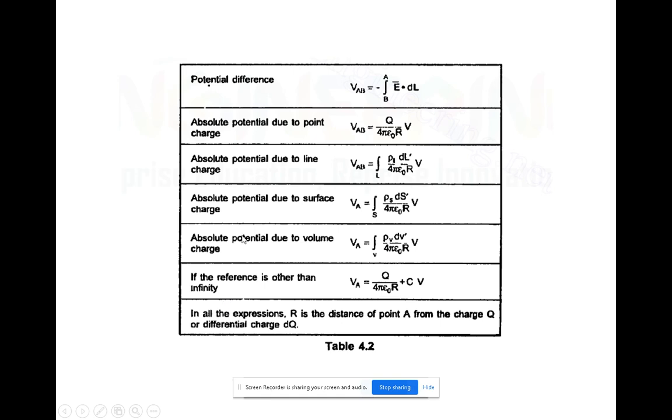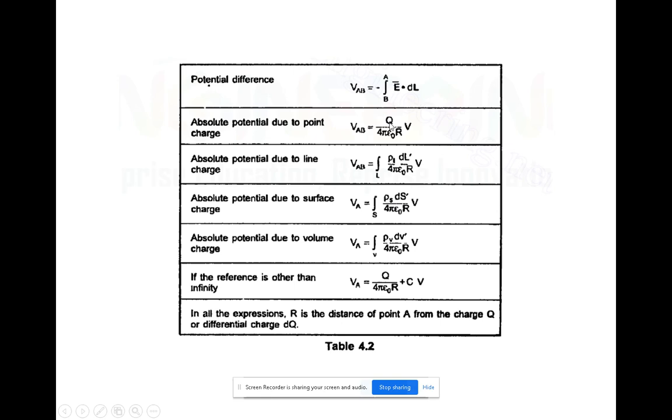Okay. இந்த இது எப்படி இருந்துச்சு? Rho by 4 pi epsilon naught. So there is nothing but you are going to take the charge Q as rho dot dl. Okay, rho dot dl for line charge Q. Q க்கு பதிலா rho dot dl. இதே surface charge ல பத்தினா rho dot ds.